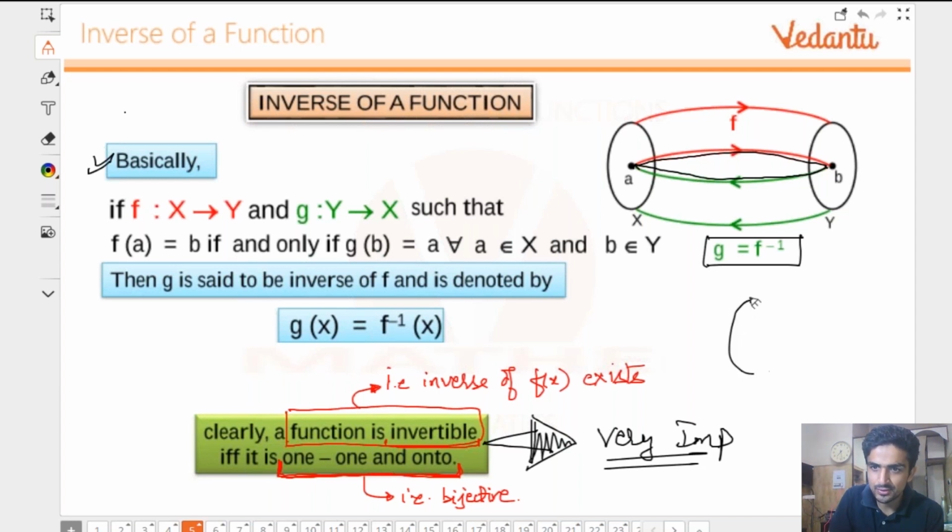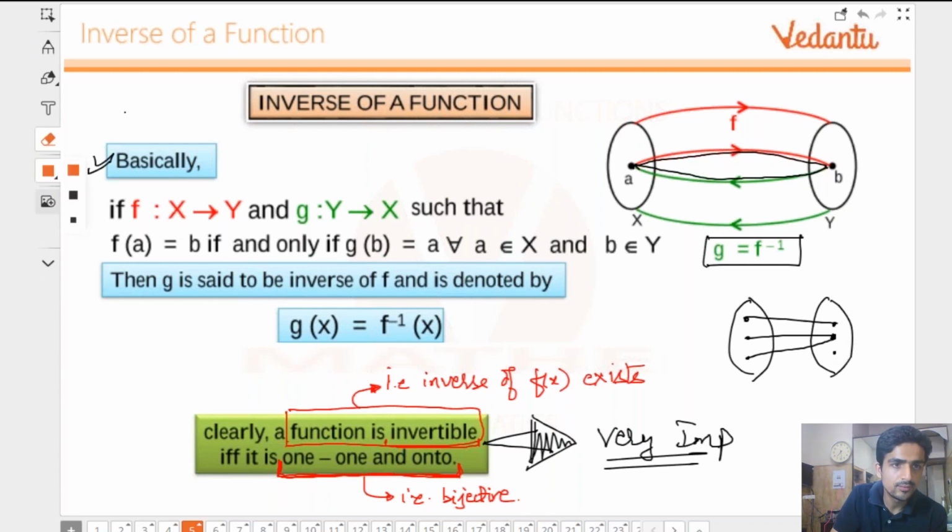Okay, try to see. This is going here. This is going here. This is going here. And this. Okay, let me remove this thing. Okay, this function is onto. Try to see it is onto. A, B, complete codomain is in range. It is onto. But is it invertible?